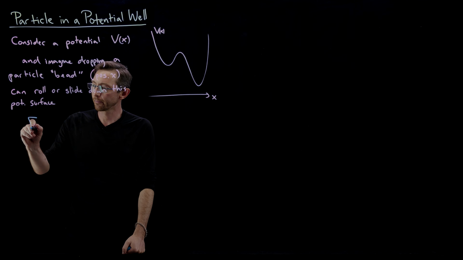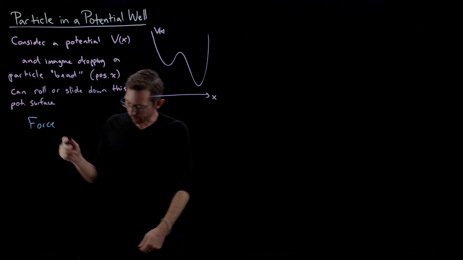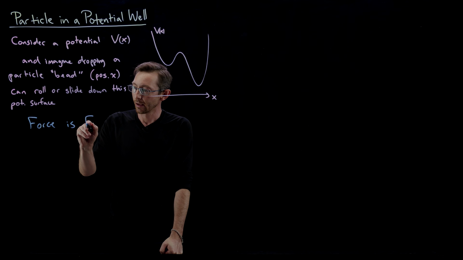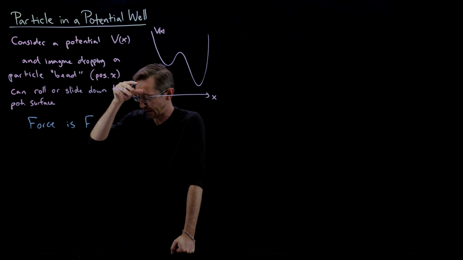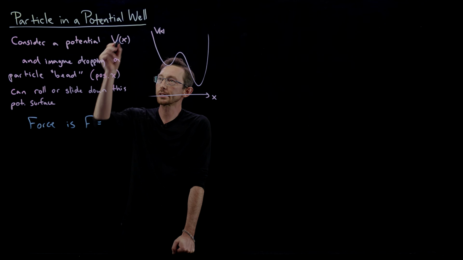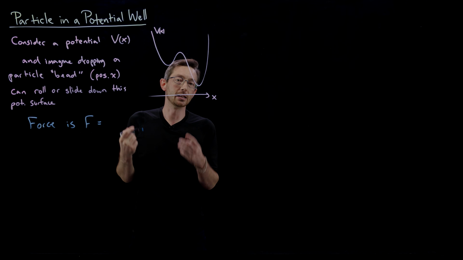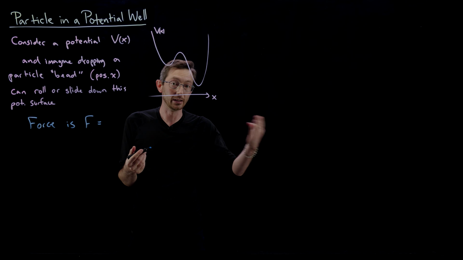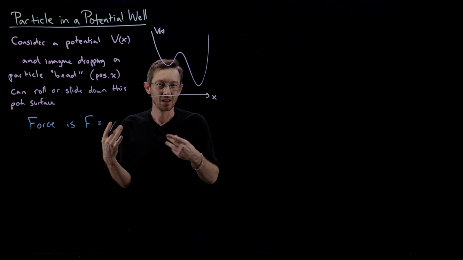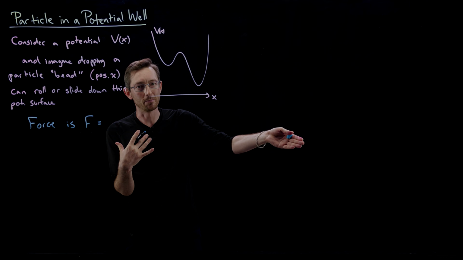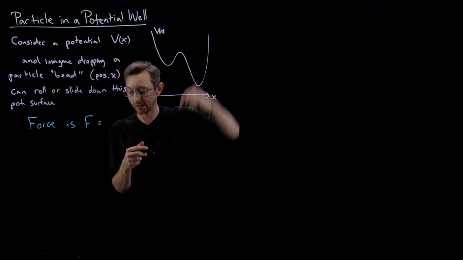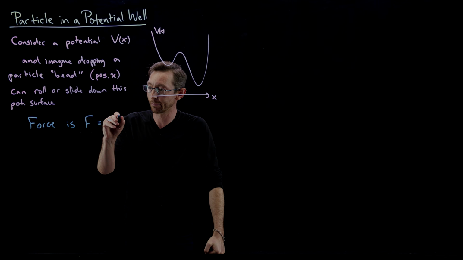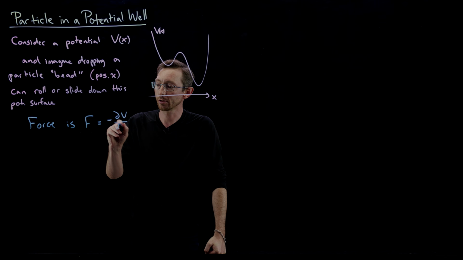So the force is F equals ma. Okay, obviously it's F equals ma. And the force from this potential is always going to be the negative gradient of that potential. This is just from basic physics. The force is going to be proportional to minus the gradient of the potential, so minus partial V partial x.